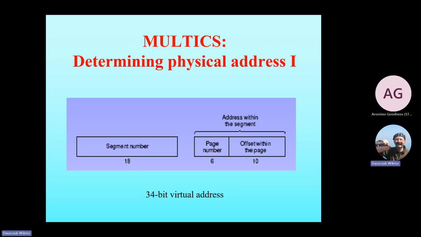Then we have page number, 6 bits, and offset, 10 bits. So together the address inside the segment is 16 bits.